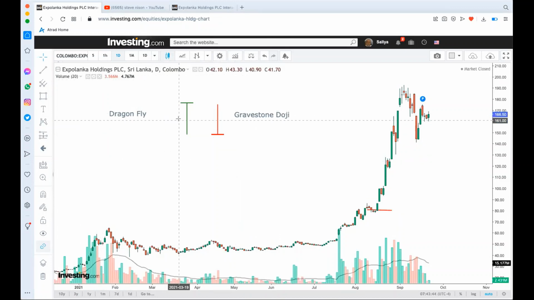Now a dragonfly is when you see, most of the time, at the top of a price, that does not necessarily mean that it is at the top.